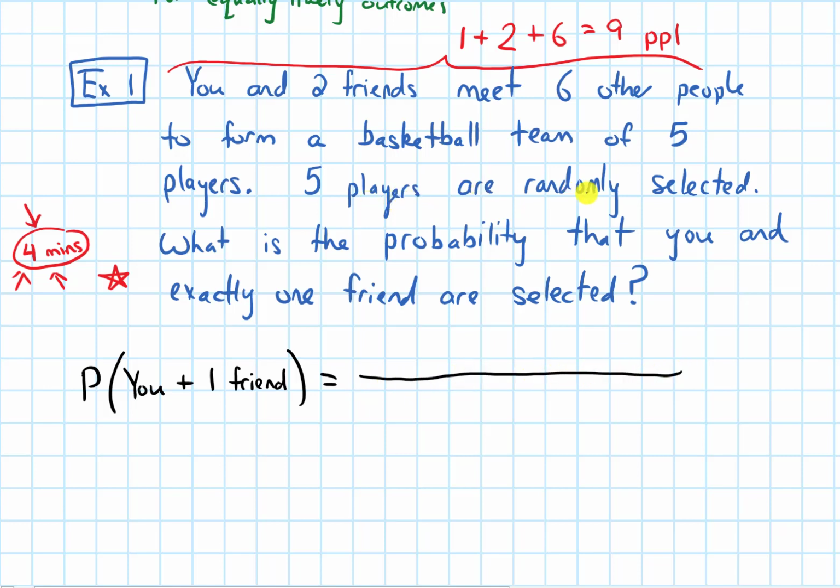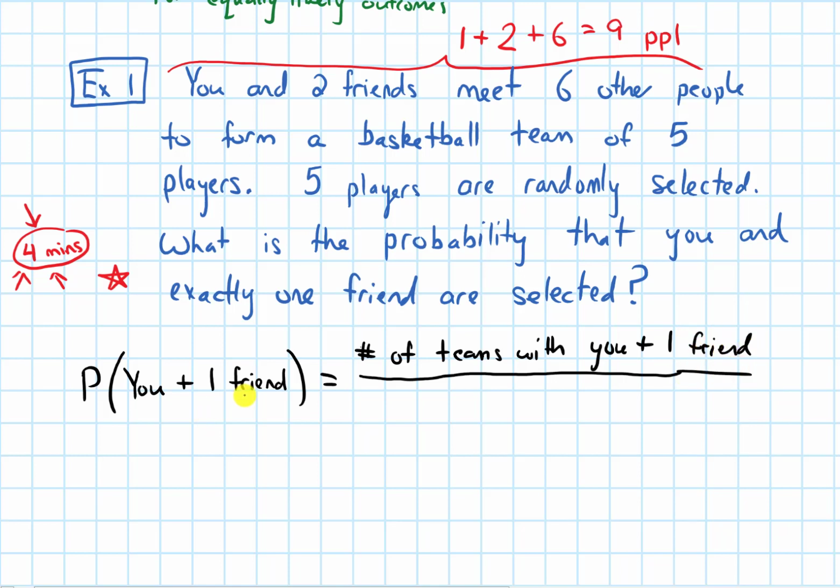Because we're randomly selecting these people, all of the different outcomes are equally likely. So on the top, we want to count the number of successful outcomes, which in this case is the number of teams with you plus one friend.